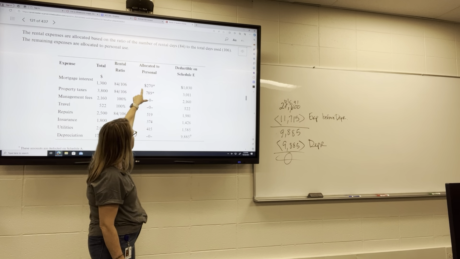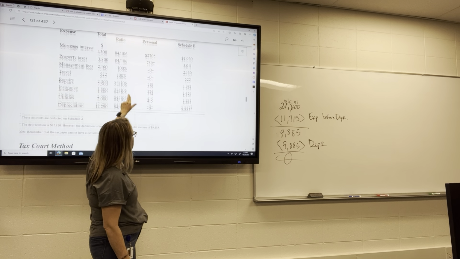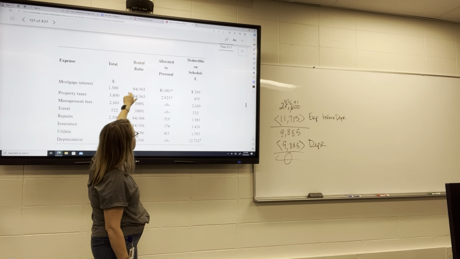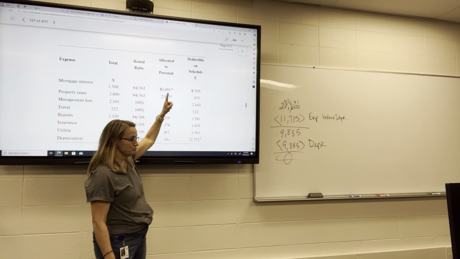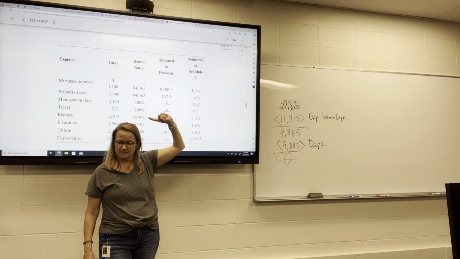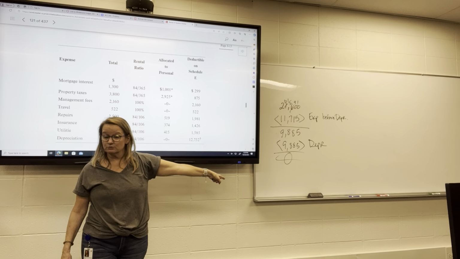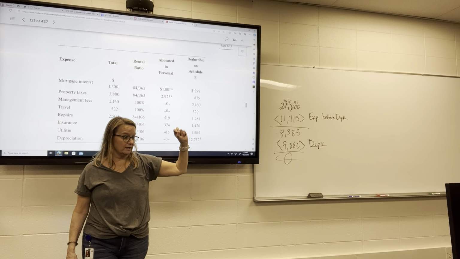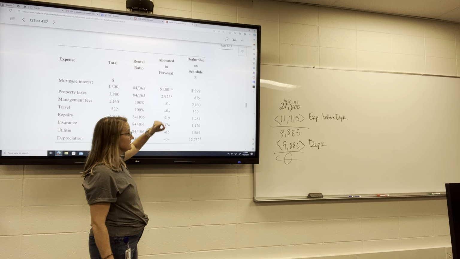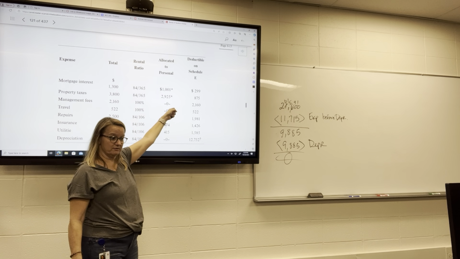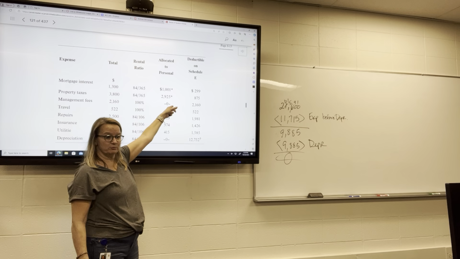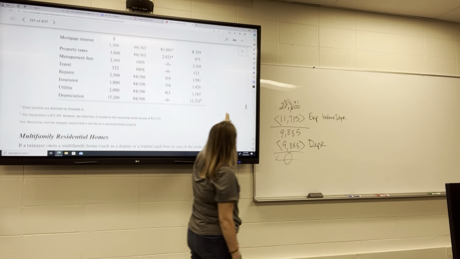So 0 here, the 270 plus the 789. But here on their Schedule A, they get almost $4,000 of deduction. Does that make sense? So the Schedule E is going to be 0 either way, no income. But the Schedule A is going to have more deduction using this method because more of it was allocated to the Schedule A.